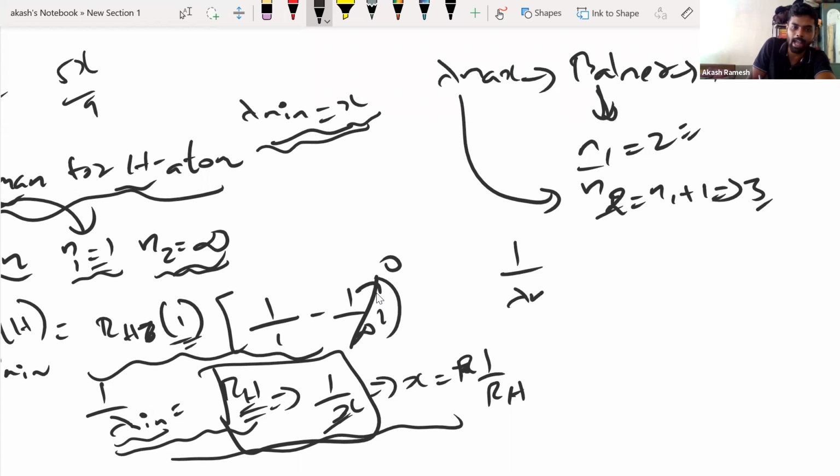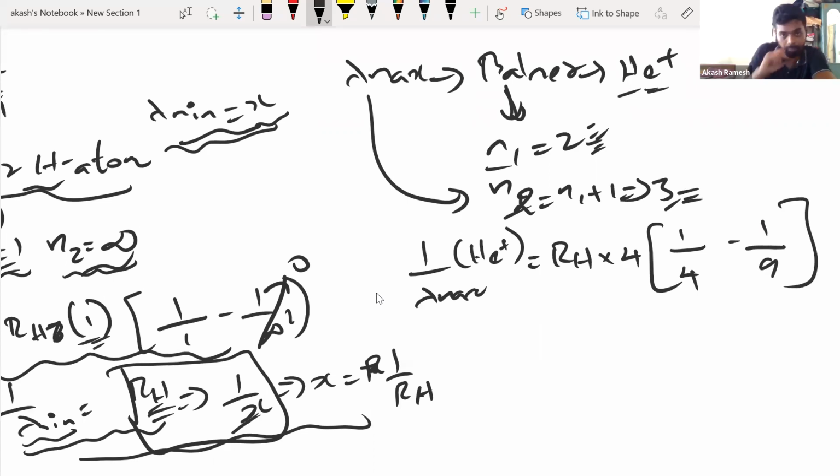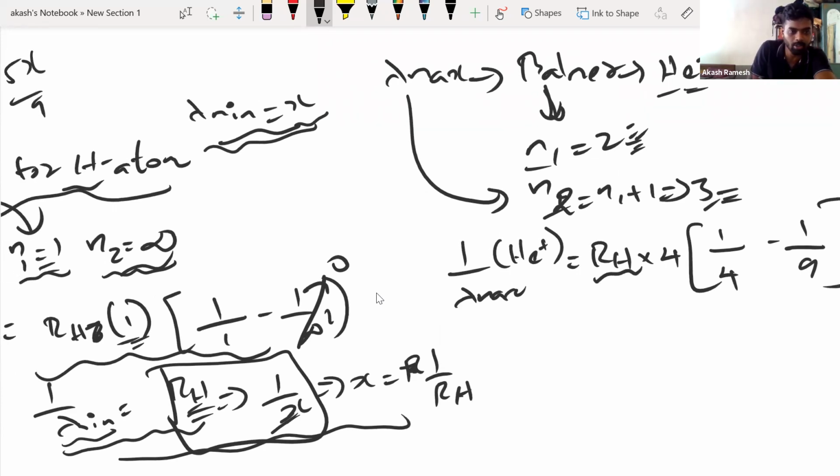So 1 by lambda max for He plus will be equal to RH Z squared. Now Z squared, for helium Z is 2, so 2 squared will become 4, right? Into 1 by N1 squared, 2 squared will become 4, minus 1 by N2 squared, 3 squared will become 9. No issues. Now RH value I can substitute in terms of X. You can see here, from the previous calculation, I got RH value as 1 by X, right?